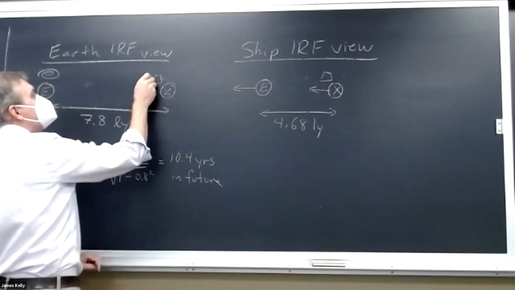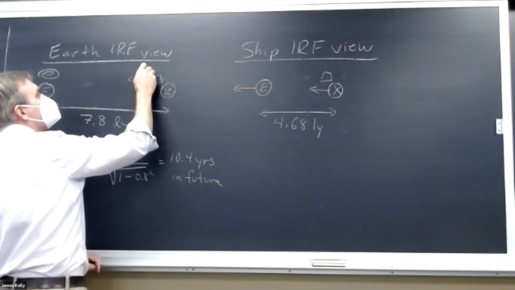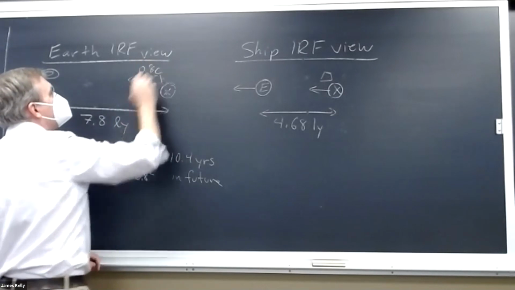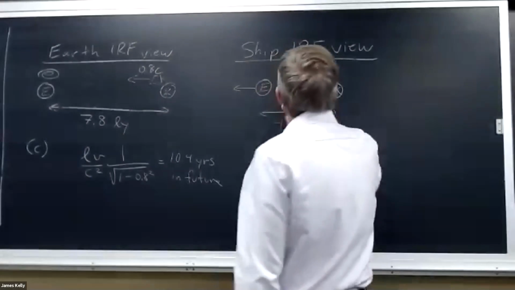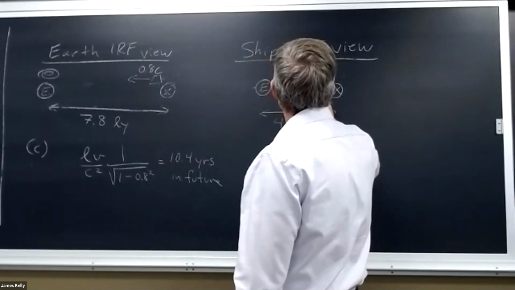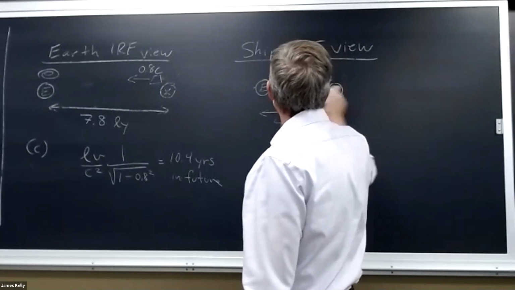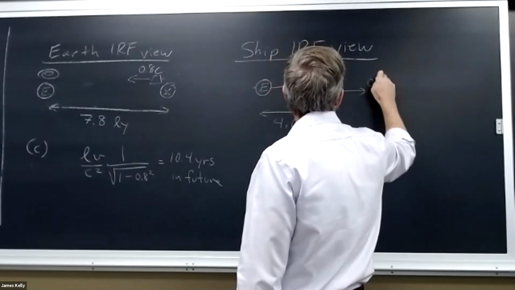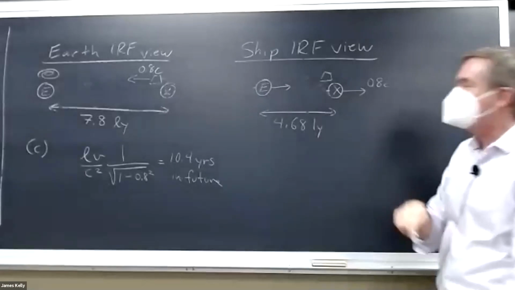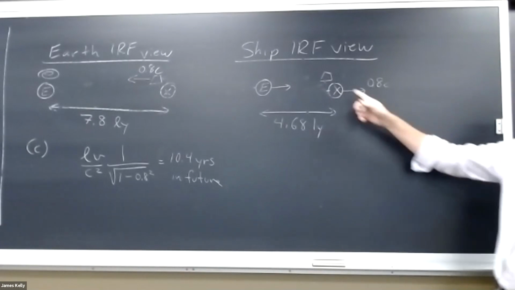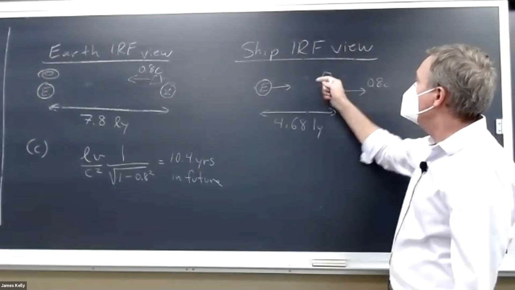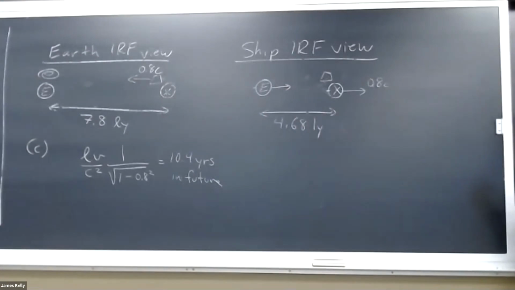So in D, we're told to consider they're moving to the left in the Earth IRF frame at 0.8 C. And in the ship's point of view, it's the Earth and X that start switching. They've switched directions to 0.8 C. Of course, this is at rest, but after it's gotten in that frame, right? So the ship heading back to Earth, from the ship's point of view, is Earth is heading towards me. Okay, distances are still the same, though.